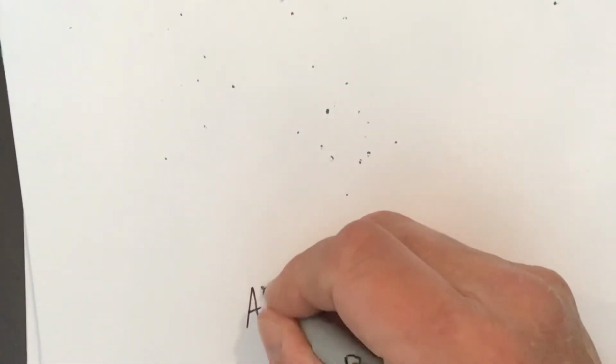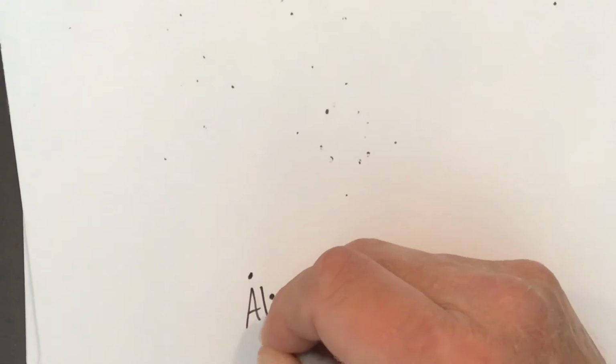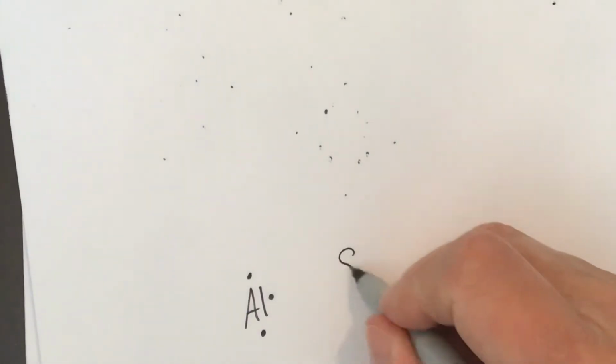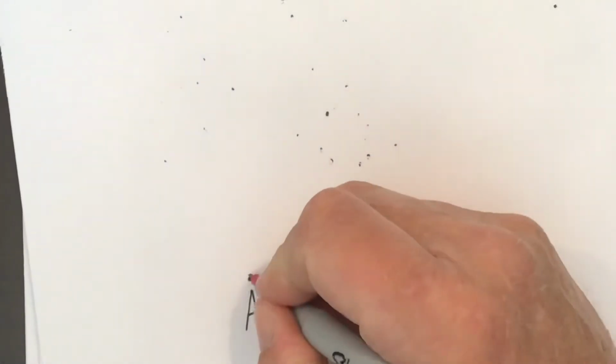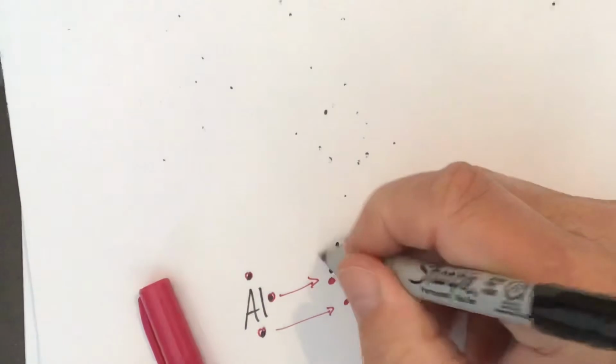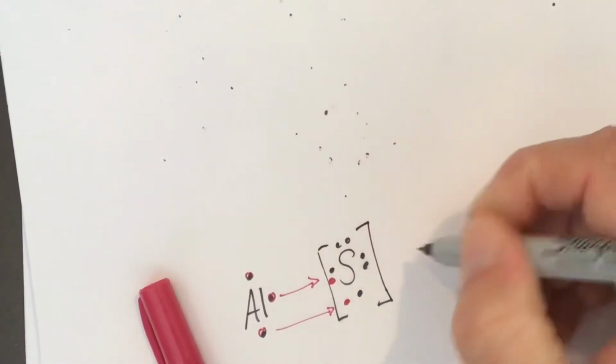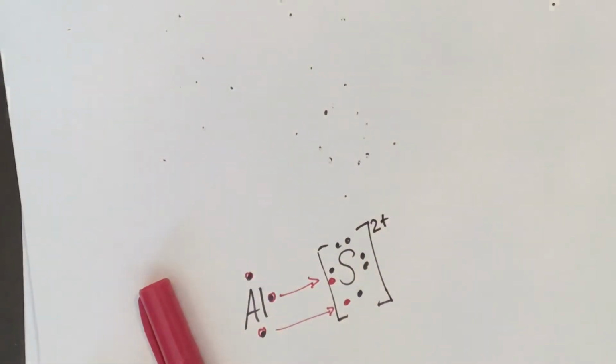When we have aluminum, and it's got its 3 valence electrons here, and we have a sulfur with its 6 over here. And there's color coding. Now, obviously we know that this electron here is going to go there, and that one is going to go there. So now this sulfur is complete, and it's a 2-.